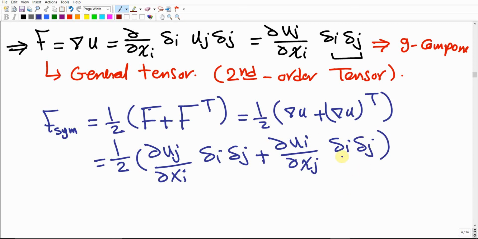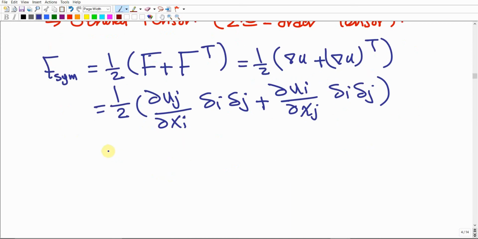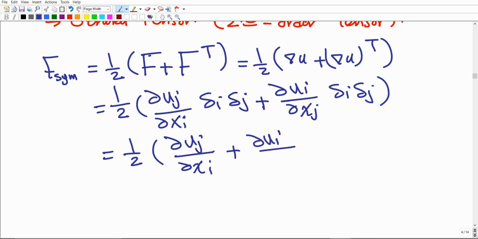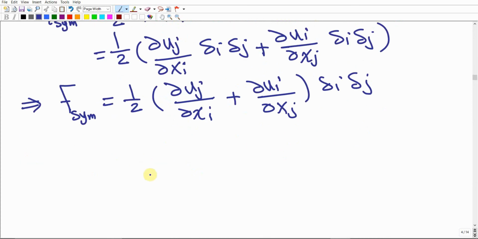Then we can consider delta I delta j as a common factor, so we're gonna end up with 1 over 2 the partial uj by partial xi plus the partial ui by partial xj, times delta I delta j, right? This is gonna give us the symmetric part of the deformation tensor. Just keep this one on the side here.